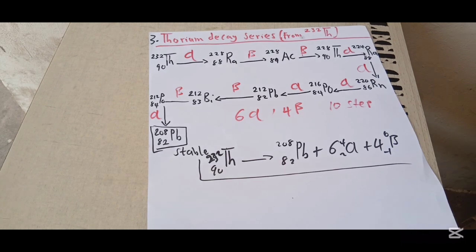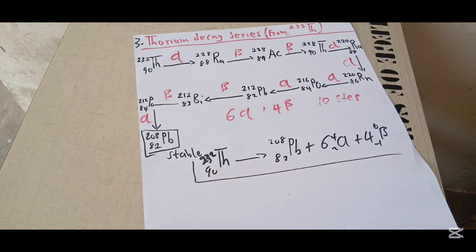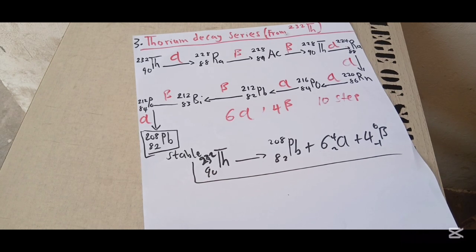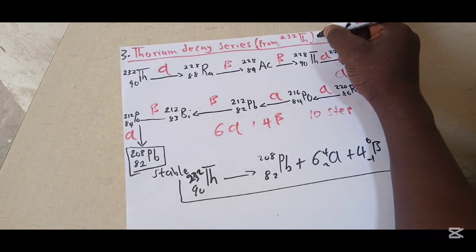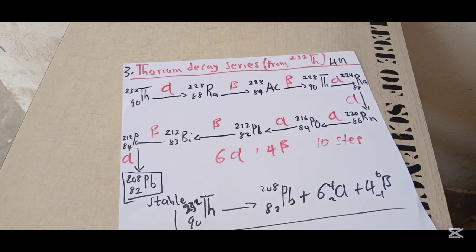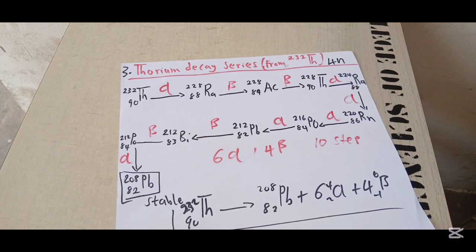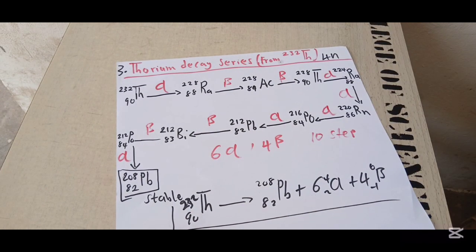Now that we are done with the net equation, let's look at why this reaction is a 4N series. Mind you, the thorium decay series is a 4N series. I have a chart here.